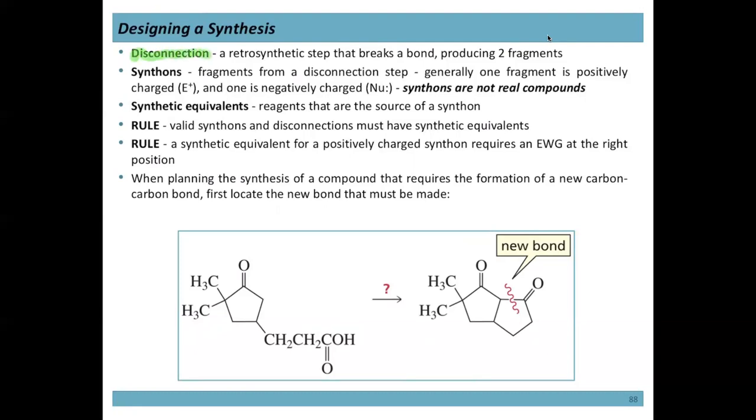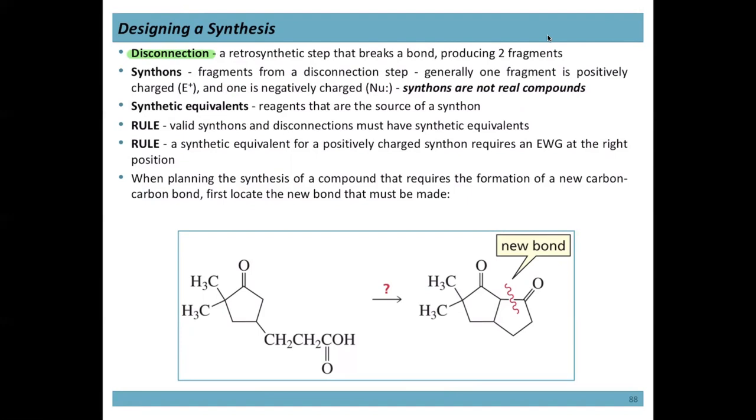Where are we going to disconnect? So you can see that pink squiggly line. That's the bond that we need to form. So when we're doing retrosynthesis, we say, well, that's the bond that I need to disconnect. But really in the synthesis, as we go forward, that's the bond that we make.